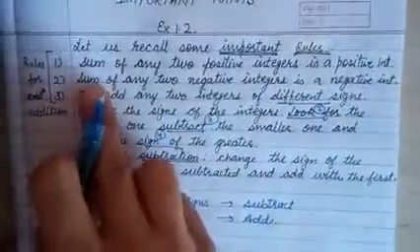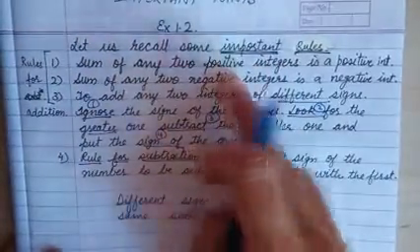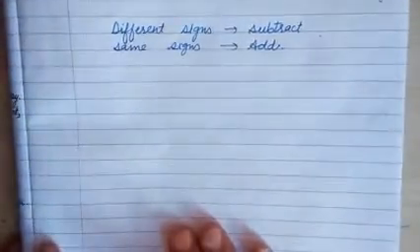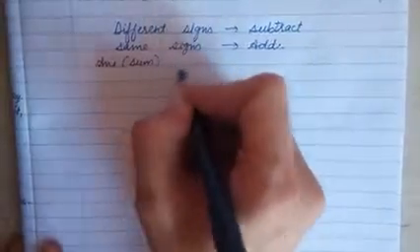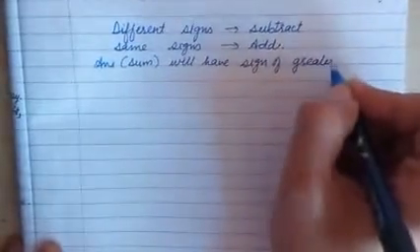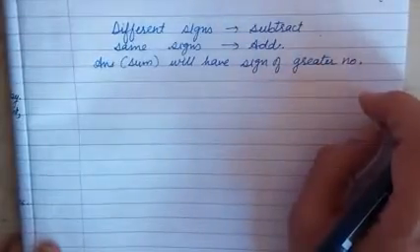Like here first two rules, if two positive integers are given or two negative integers are there, we are adding them simply. And here answer or your sum will have sign of greater number, and greater number we are deciding by ignoring the signs.